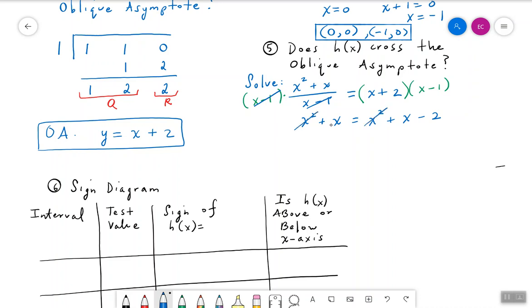We can subtract x from both sides, and they cancel. And we're just left with 0 equals negative 2. And since that's a contradiction, since that's never true, we know there's no solution. And we know that h of x does not cross the oblique asymptote.